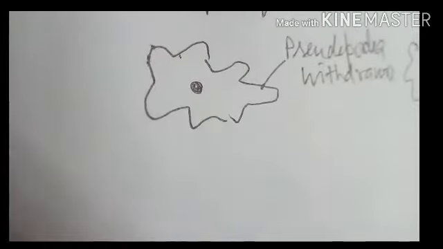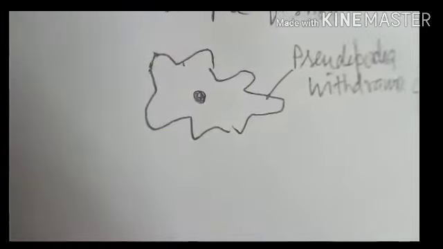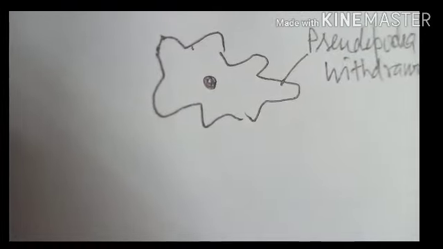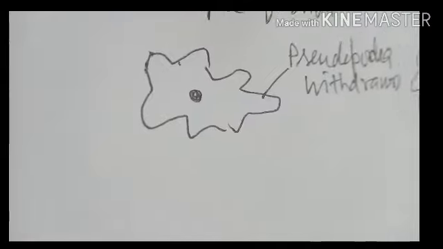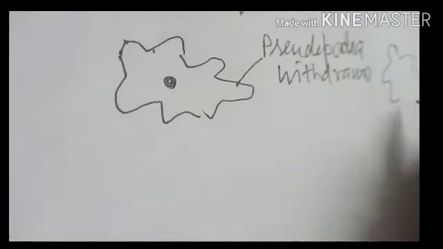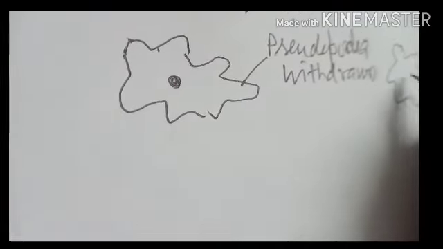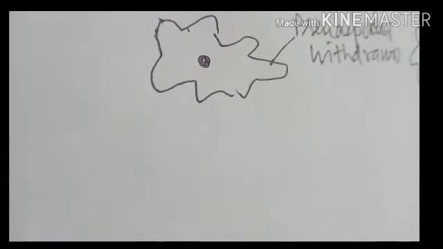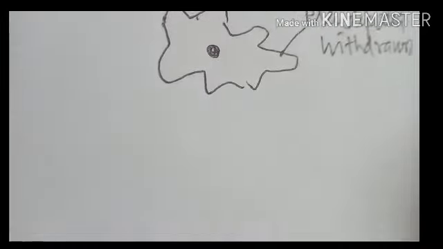This amoeba has pseudopodia, and first of all, during unfavorable conditions, the pseudopodia are withdrawn, and then the amoeba becomes somewhat spherical in shape, and it secretes a wall around it.